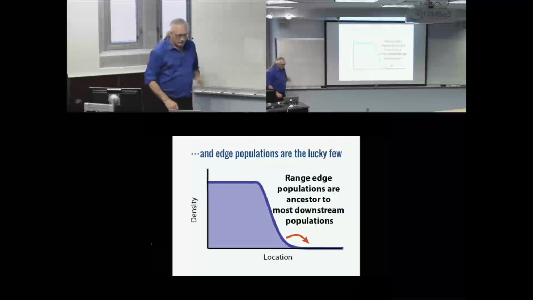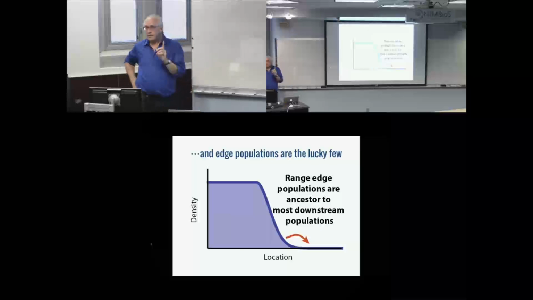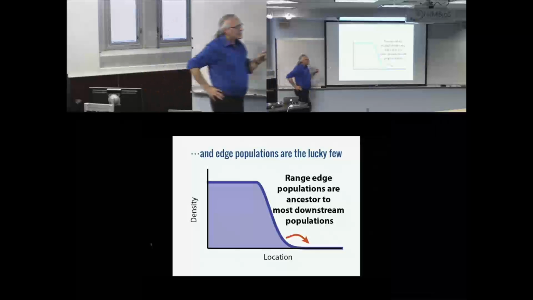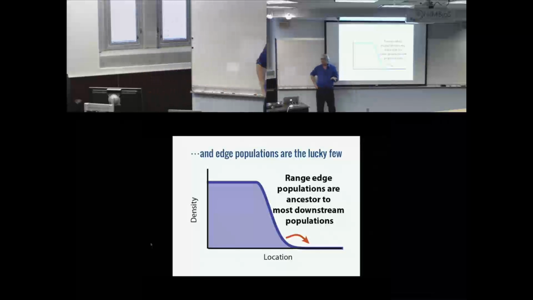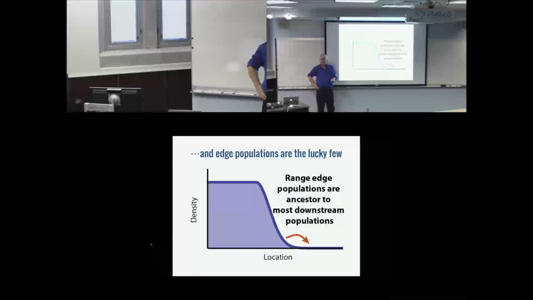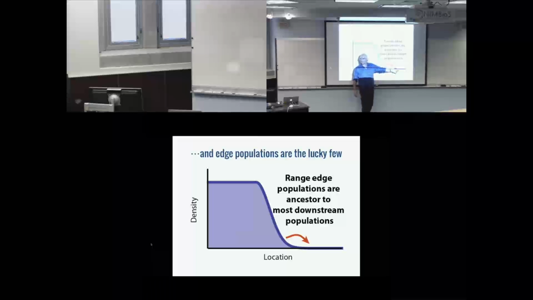On the other hand, the other fact about the range edge is that if you have spatially limited dispersal, which you do if you're talking about species edges, those individuals on the edge are best placed to be the source of colonists for the empty territory out in front of the population.